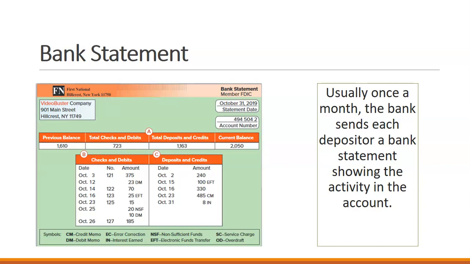It rarely is, mostly because of timing differences. It takes time for even electronic transfers to clear a bank. So on the date of receipt, we can have things that the bank doesn't show as cleared yet.